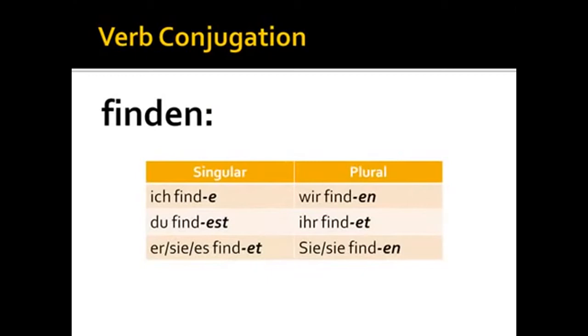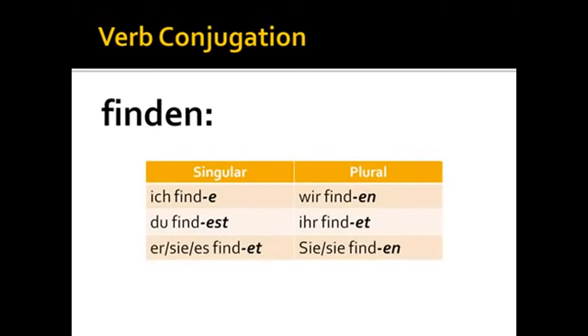This is so much easier to pronounce than du findst. Du findest, er, sie, es findet. Wir finden, ihr findet, sie finden. So if the verbal stem ends in a D or a T, we're going to have to insert an extra E in the second and third person singular, and second person plural.